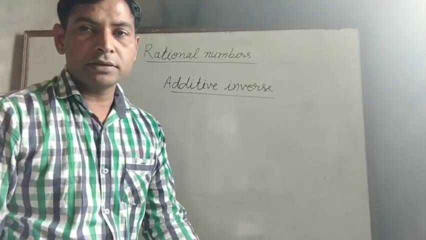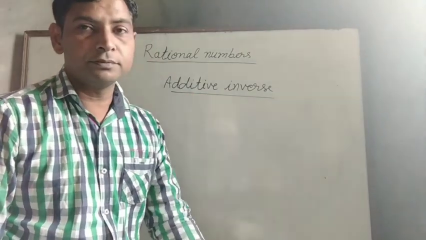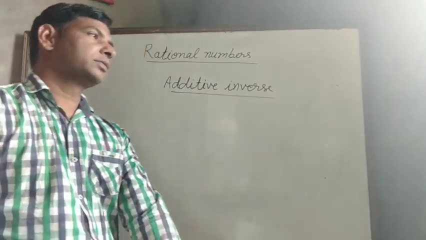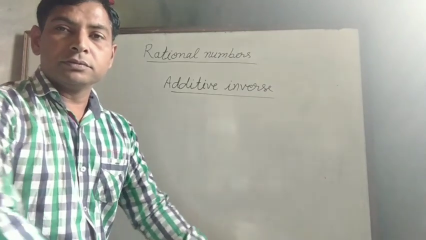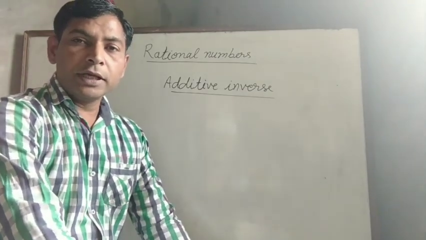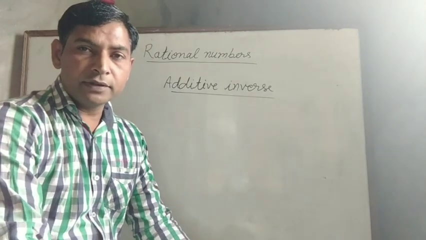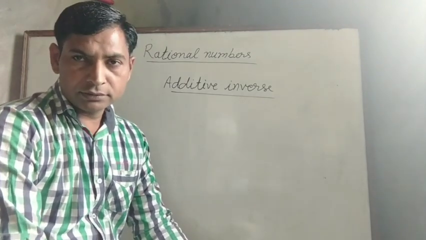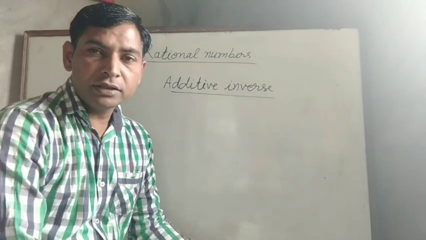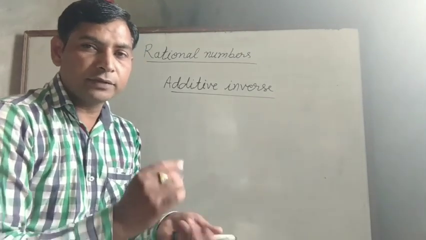Second one is additive inverse. If we want to know the additive inverse of a number, then simply we change the sign of that number.